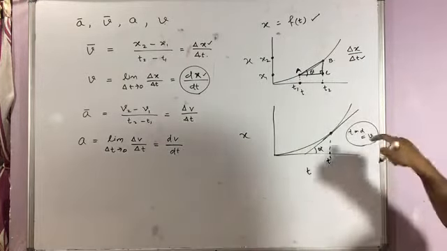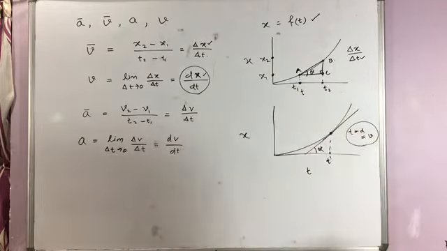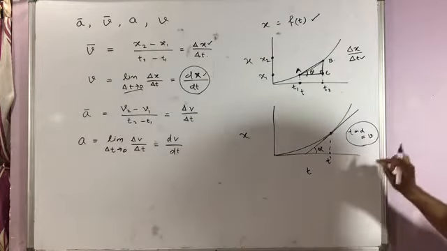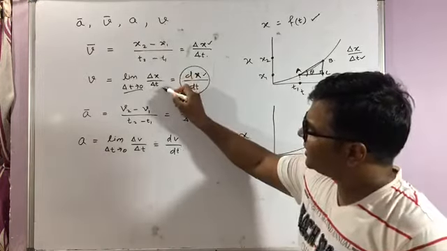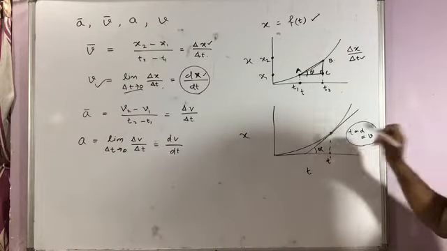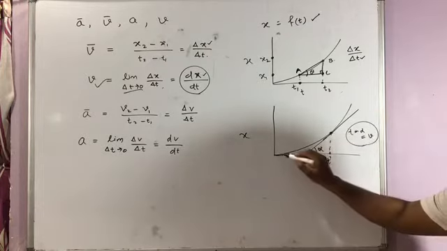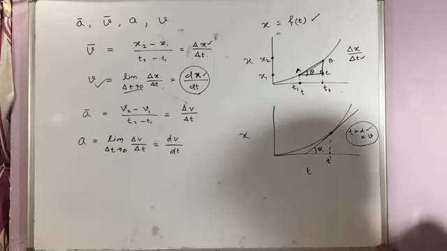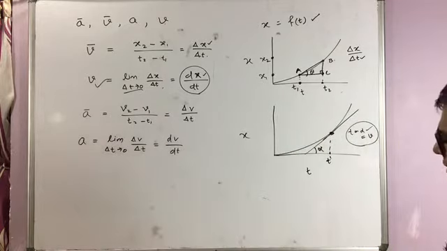So this formula we are applying here, but on that condition t2 minus t1 tends to 0. On that condition we are finding the value of delta x by delta t, and that gives your instantaneous velocity. So if you draw a tangent at a particular point to a graph, and the tangent is making some angle with your time axis, let's say that is alpha, find the tan alpha of this, then that value will give you the instantaneous value of the velocity.